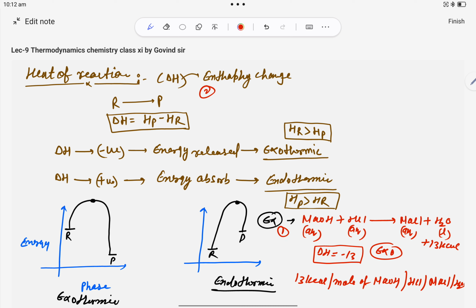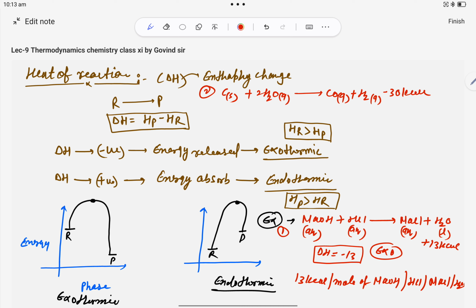Example number 2, here I am telling you carbon solid state plus 2H2O gas, it is CO plus H2, and this is also in gaseous state, and minus 30 kilocalorie.